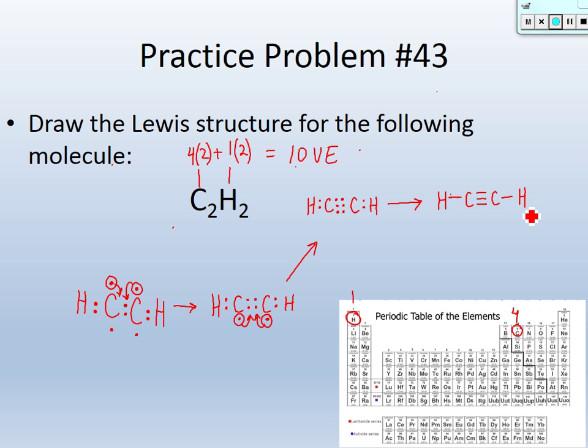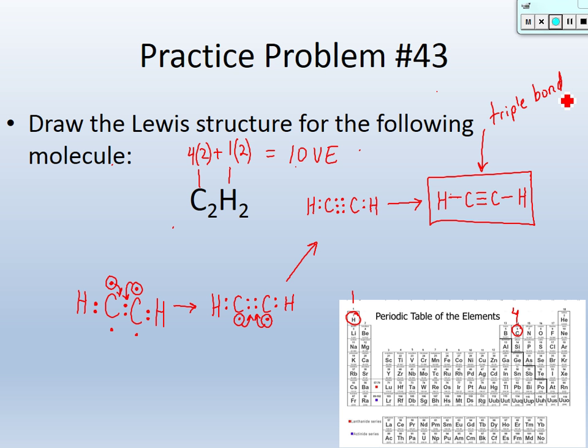And so because they're all shared between 2 different atoms, they're all covalent bonds, and so that's what it will look like. So this is the first time that we have seen a triple bond. And they exist. So hopefully you got that as your answer for that molecule.